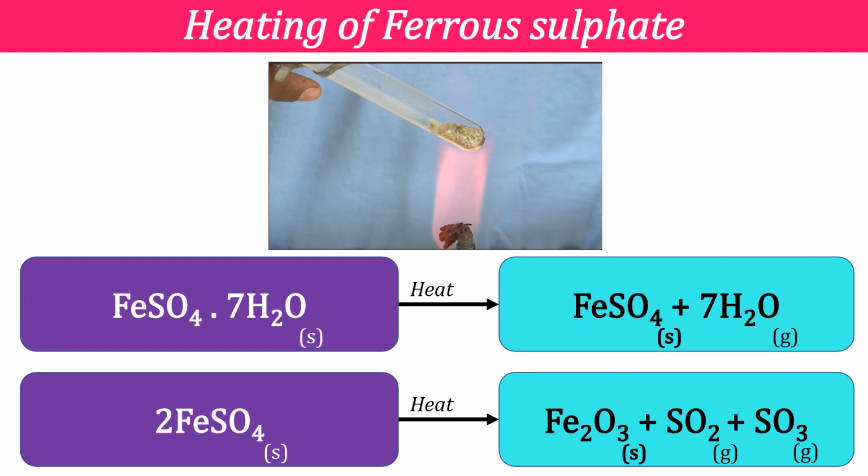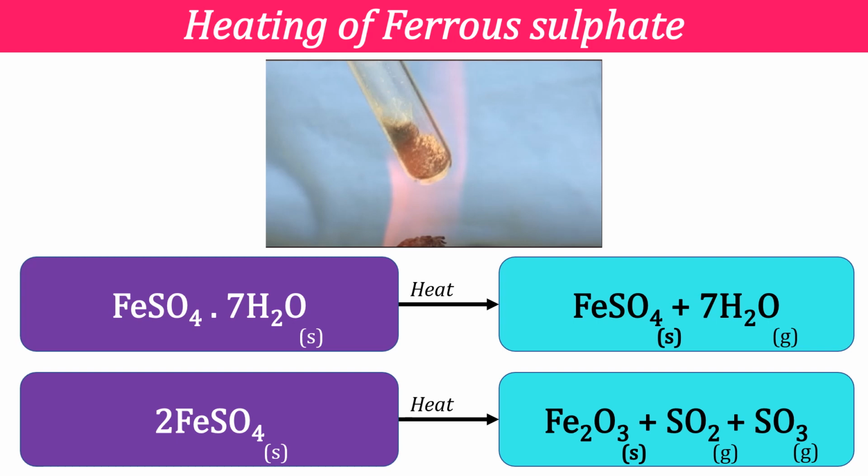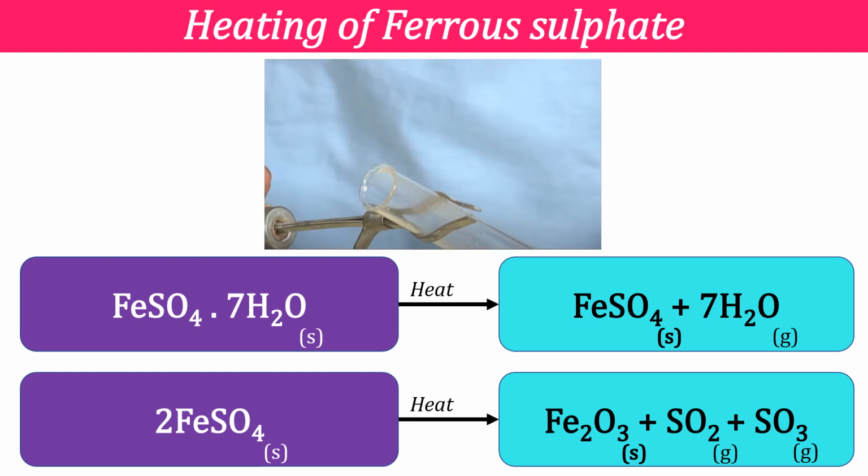The powder that has turned pale in color is the anhydrous ferrous sulfate, that is FeSO4. On further heating, the anhydrous ferrous sulfate decomposes to form ferric oxide, that is Fe2O3, which is black in color and releases the gases sulfur dioxide and sulfur trioxide, which can be identified with the characteristic odor of burning sulfur.